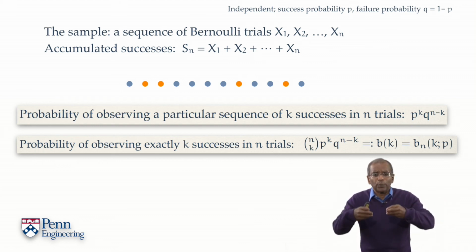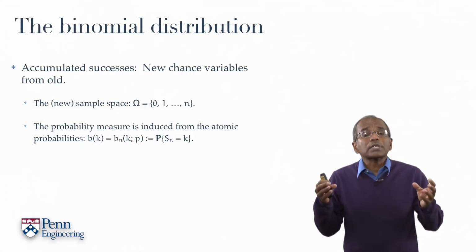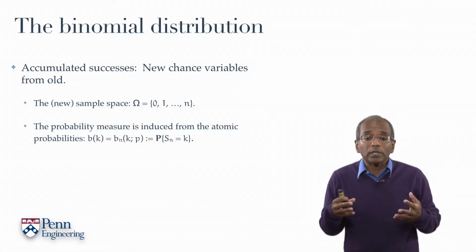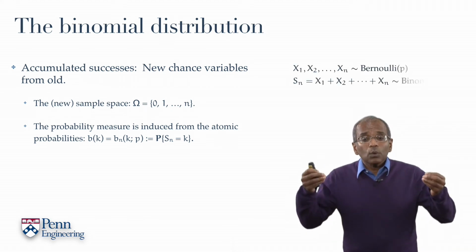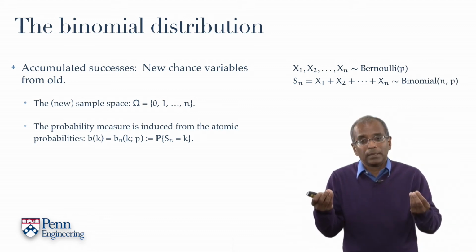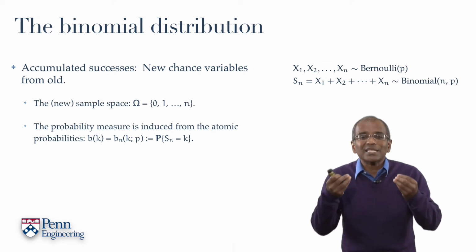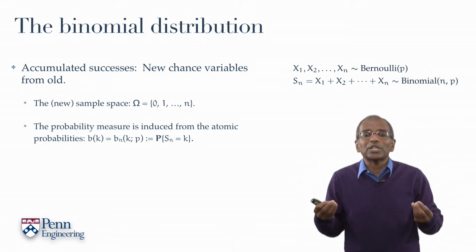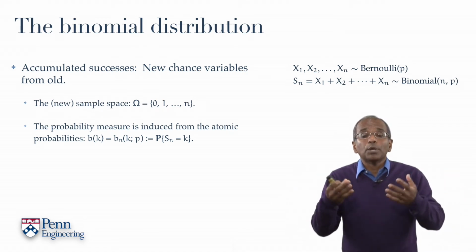Now, let's very quickly summarize our discovery. We have discovered the august binomial distribution. We started with variables corresponding to independent sampling from an underlying distribution. In this case, the simplest of distributions, a Bernoulli trial, a coin flip. x1 through xn are Bernoulli trials.